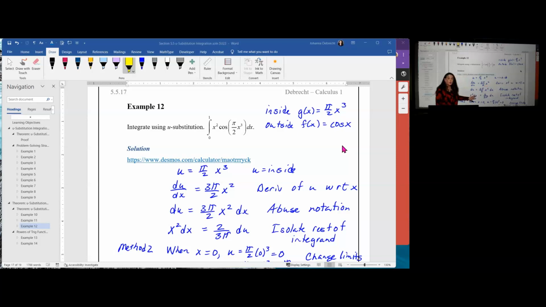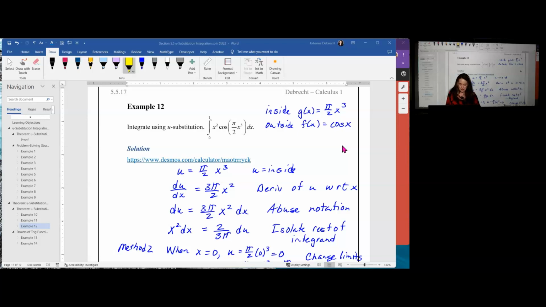I chose to isolate the remaining factors inside the integrand other than the composed factor. This gave me x squared dx equal to the reciprocal of 3 pi over 2, which is 2 over 3 pi times du.